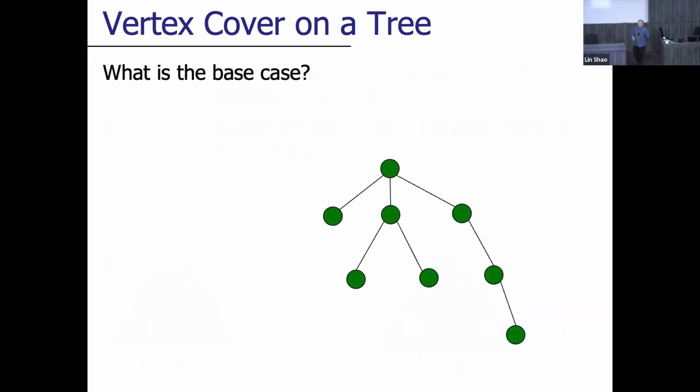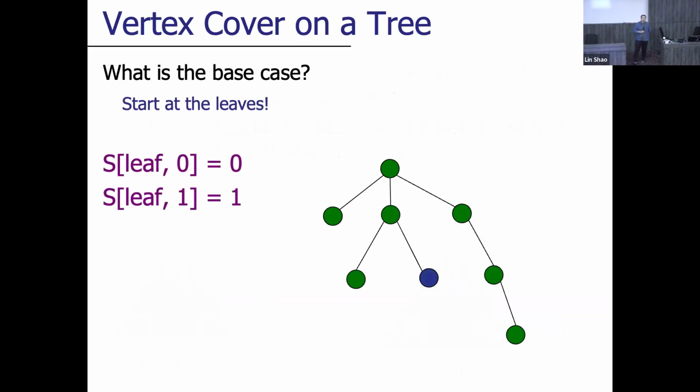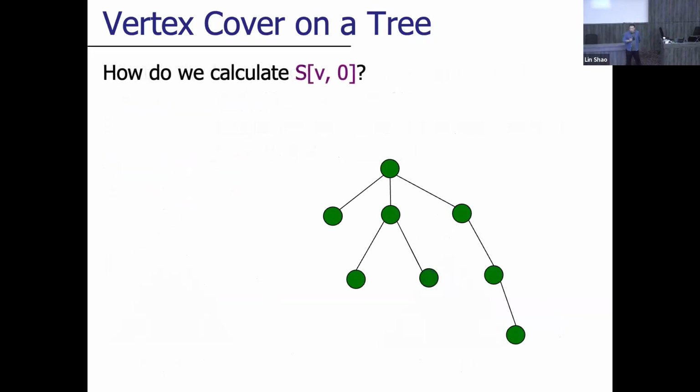After identifying the subproblems, we always start with the simplest case, the base case. For a leaf, S_V0 is 0 and S_V1 is 1. We also introduced the relationships for solving the problem using the subproblems.